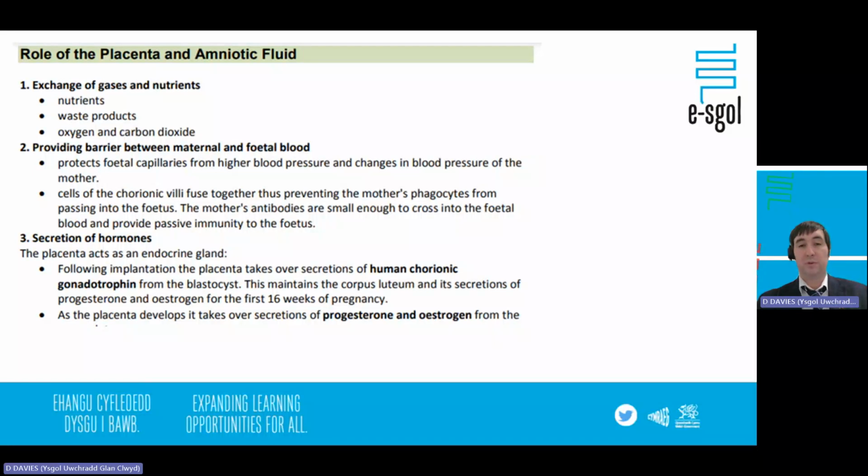The woman who's pregnant feels ill because her immune system is fighting against itself. But the mother's phagocytes can't actually get to the fetus to destroy the cells through the placenta. There are also hormones there that maintain pregnancy as well. So that's the role of the placenta.